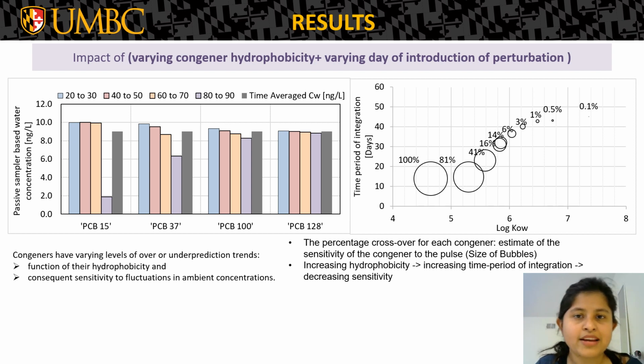So here, in the second diagram to the right that you see, while a congener of log KOW of 4.5 requires just 2 weeks to recover from a pulsed perturbation and is very sensitive to the fluctuation, a congener of log KOW of 6 needs at least 36 days, but is about 94% less sensitive to ambient perturbation in concentration.